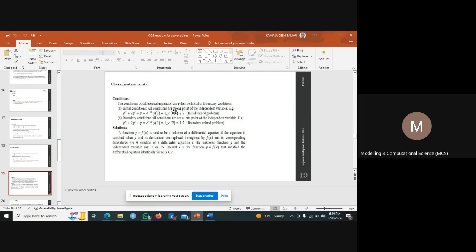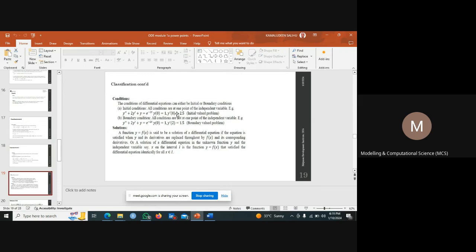We have two types of conditions in ordinary differential equations. The conditions are initial value conditions, which is number one. What is the initial value condition?